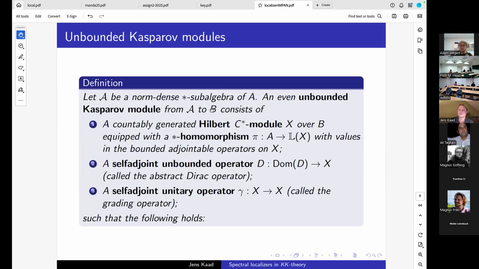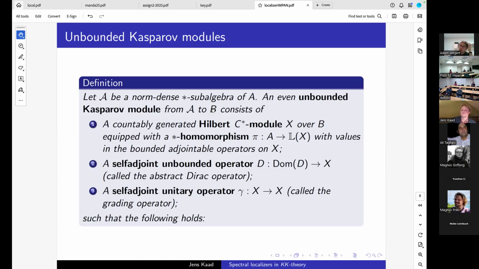This is a method that allows you to construct candidates for spectral triples over curly A out of spectral triples over capital B. So there's a recipe that allows you to use unbounded Kasparov modules to construct new spectral triples out of old ones. This recipe is called the unbounded Kasparov product, and when you pass to the bounded level, you recover the interior Kasparov product out of this recipe.